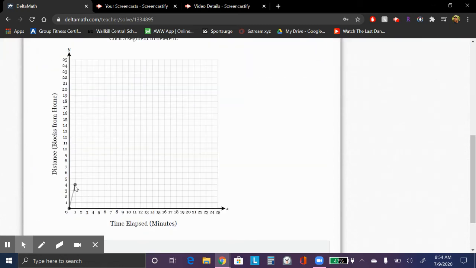So 4 blocks per minute. Another 4 per minute. Another 4 per minute until it's all the way to 16.